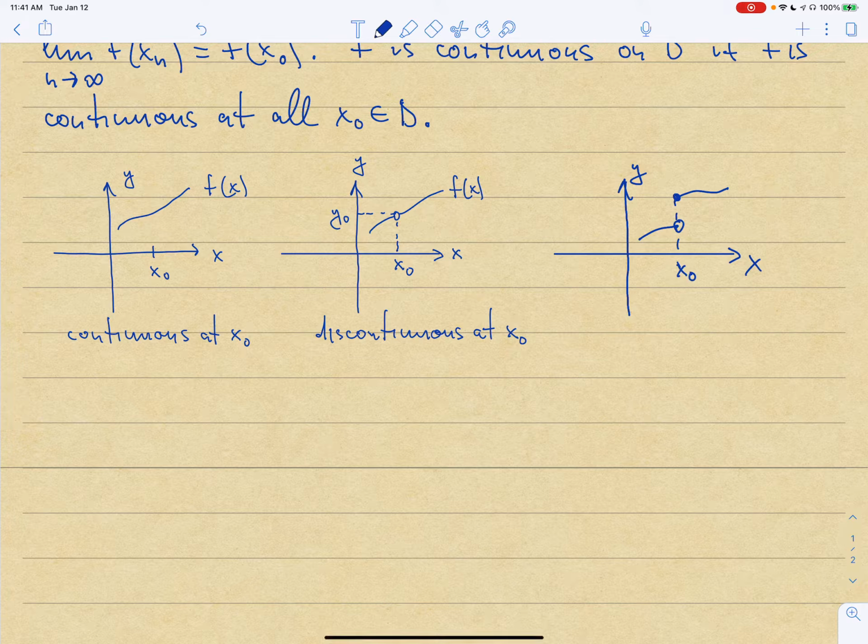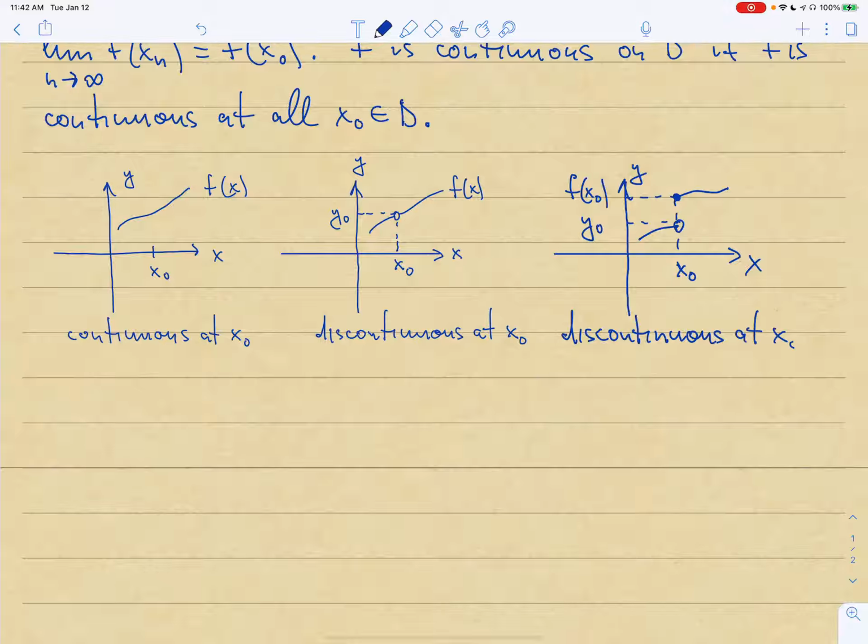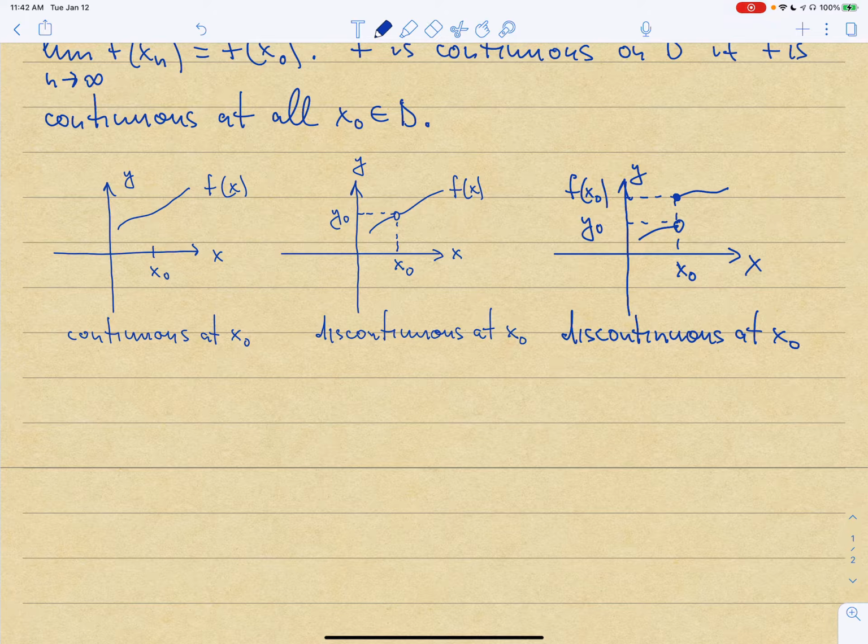So x0, y0, and this is now f of x0. Again, this function should be discontinuous at x0. It's obvious, right? By inspecting the graph.